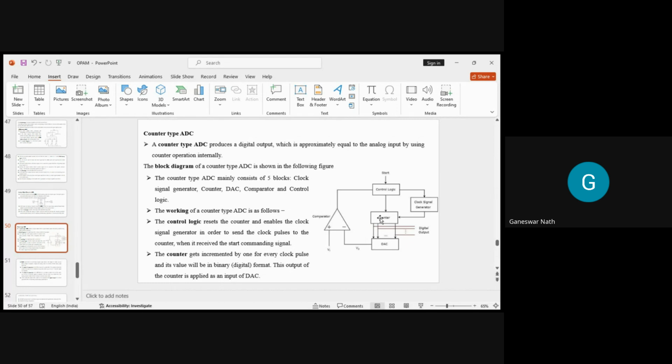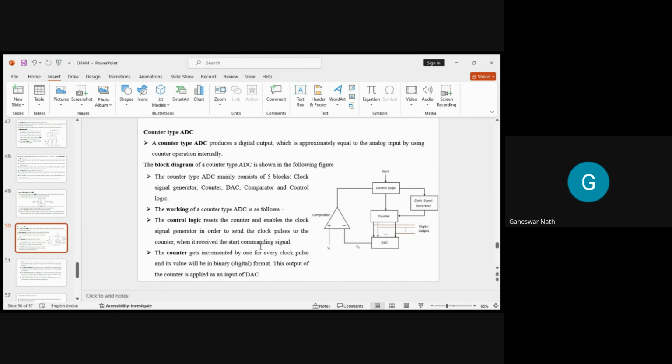When it receives the start command signal, the counter gets incremented by one for every clock pulse. Whatever pulses come to the counter, its value is in binary format, and this output of the counter is applied as input of the DAC.